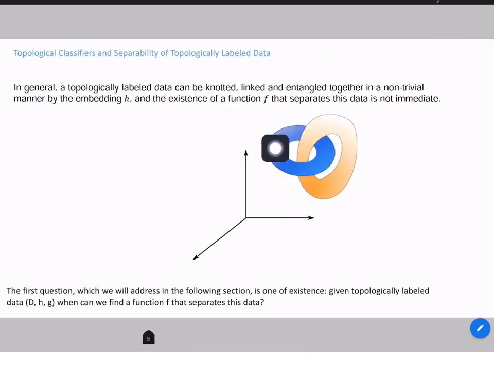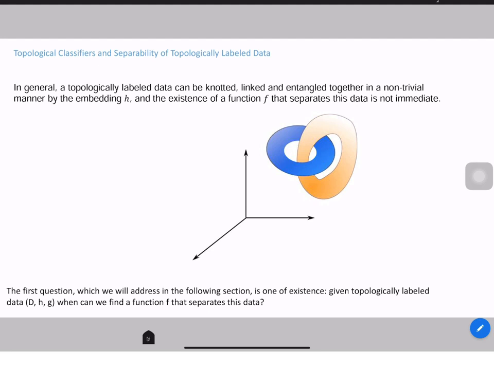So if you are given maybe the data that's given by these two manifolds here, they obviously cannot be separated within this ambient space, within the original space. However, you can imagine that you can maybe map this to a higher dimensional space and separate this data by disks that contain each one of them, and those disks are mutually disjoint.